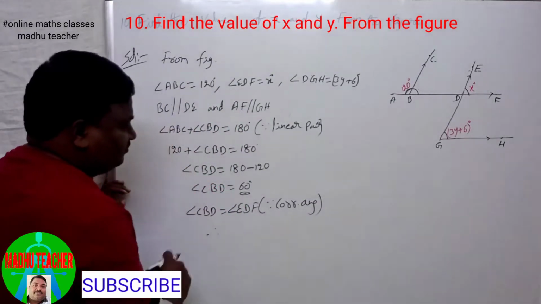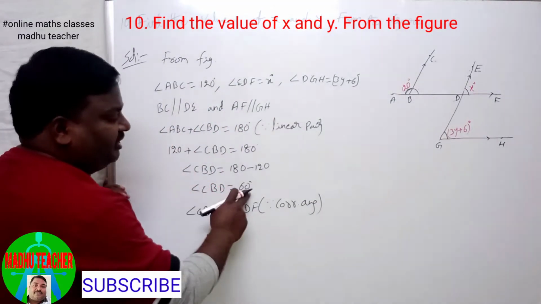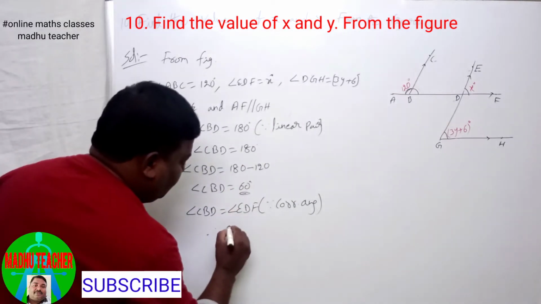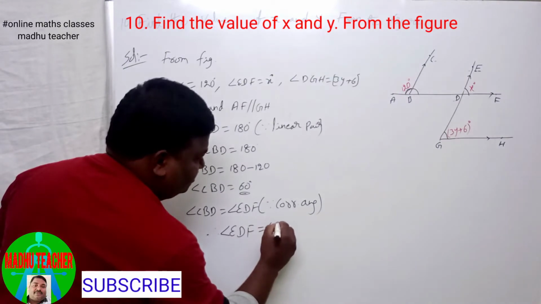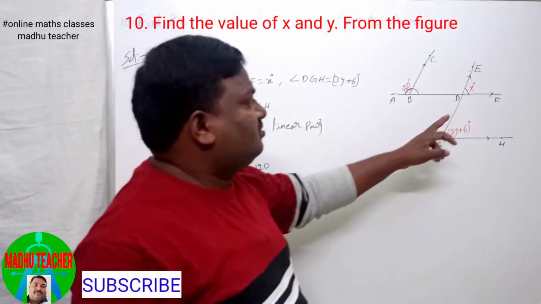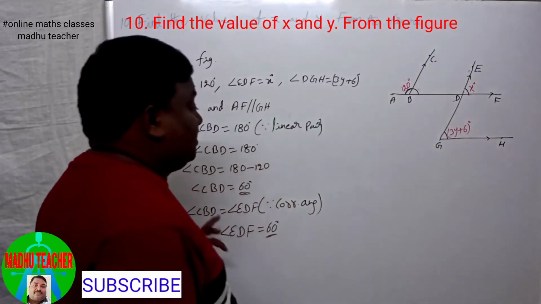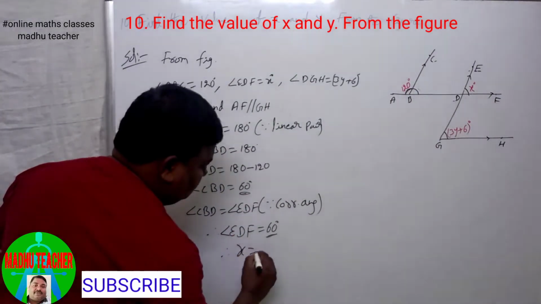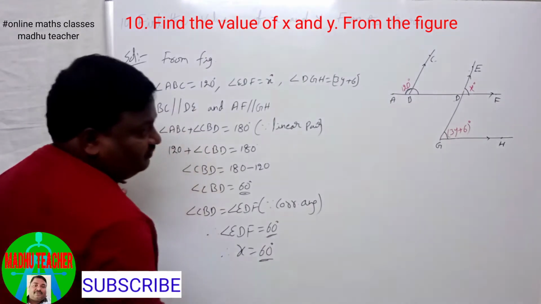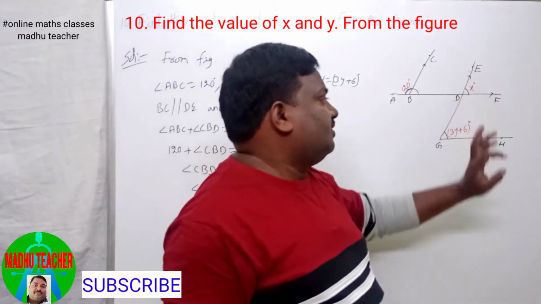Therefore, we know that angle CBD equals 60 degrees. Therefore, angle EDF equal also 60 degrees. What is the EDF? x. Therefore, x equal to 60 degrees. We got this.